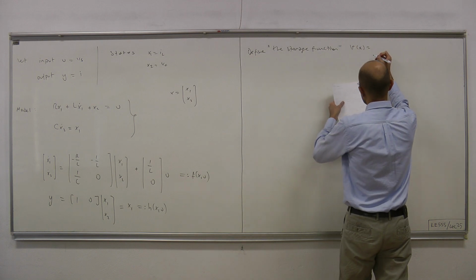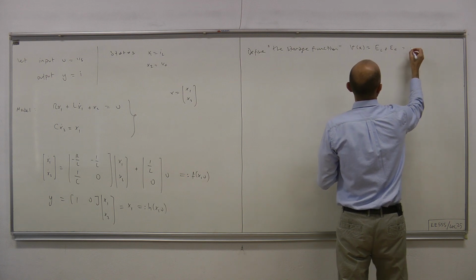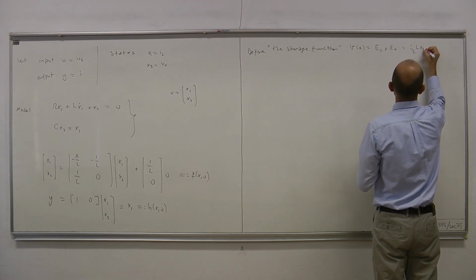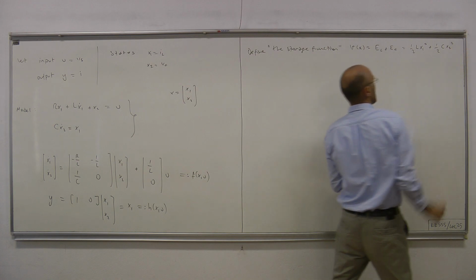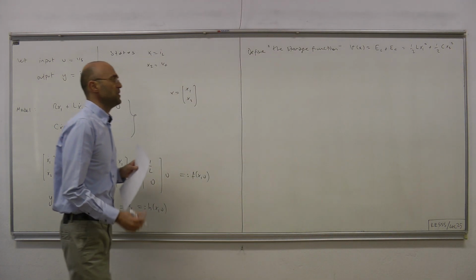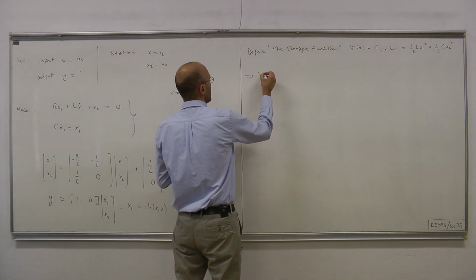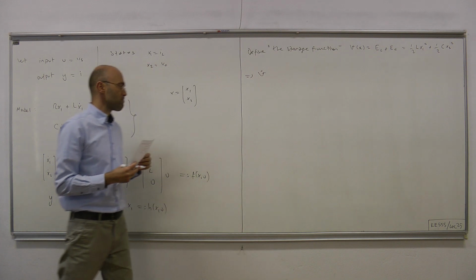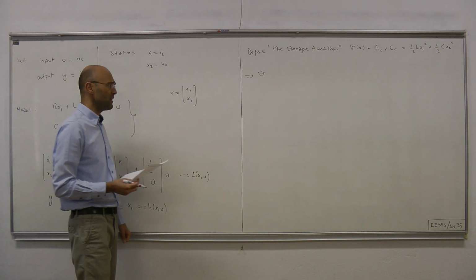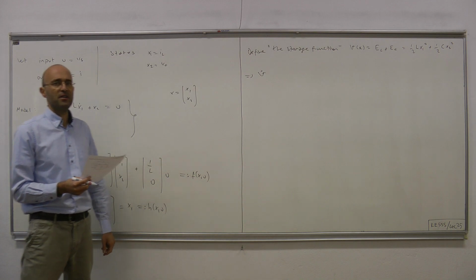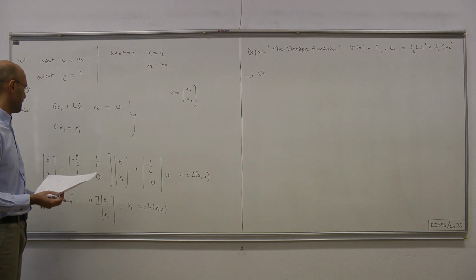V of x equals EL plus EC, and that's 1/2 L x1 squared plus 1/2 C EC squared, and EC is x2. Then, because we now have the system model, we can compute V dot, that is the time derivative of the storage function, along the solutions of our system.